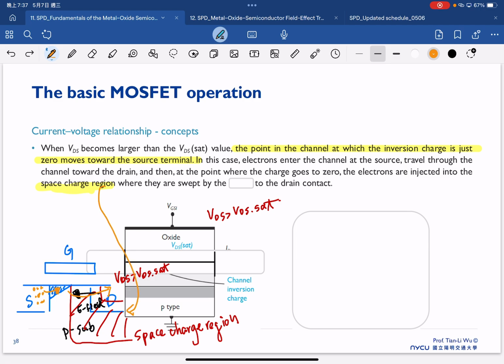So the charge will be injected into the space charge region and this charge will be swept by the electric field to the drain terminal. So this is the process that I'm saying here.